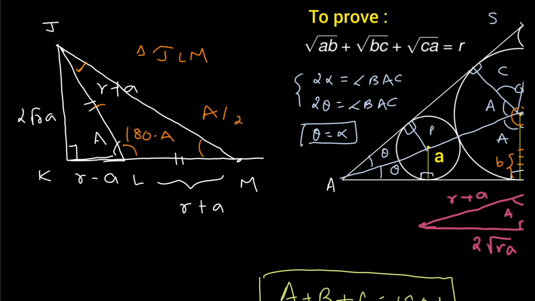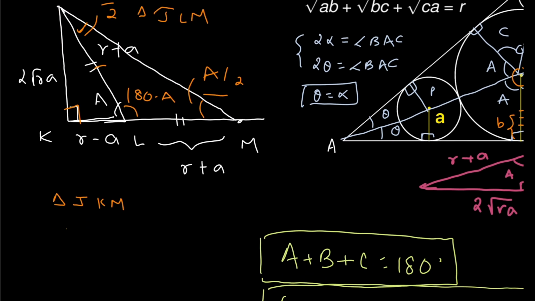You can just use the angle sum property and you will get that these equal angles are ultimately a upon 2. Okay, so now look at this triangle, that is JKM. First of all, it's a right angle triangle. I am talking about this complete triangle. So it is a right angle triangle, and in that one of the angles is a upon 2. So from that perspective, the value for tangent of a upon 2 would be height, that is 2 times square root of ra, upon the base.